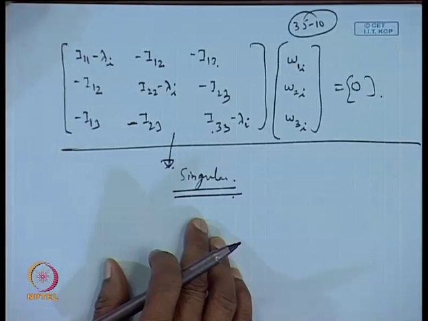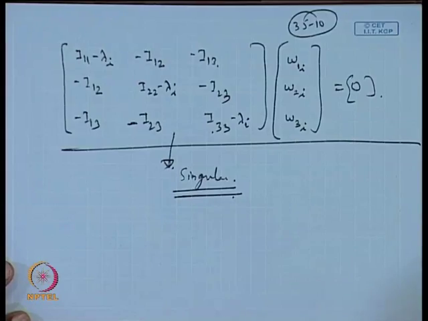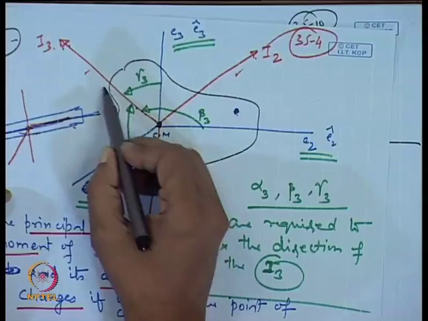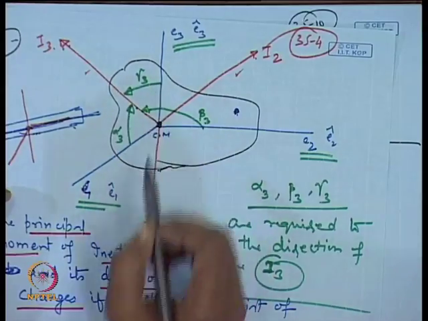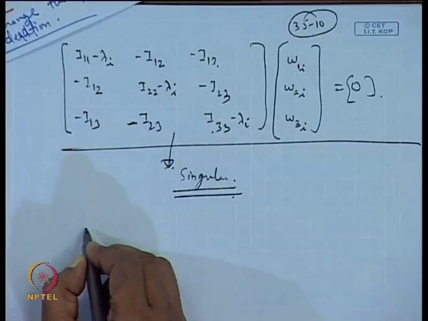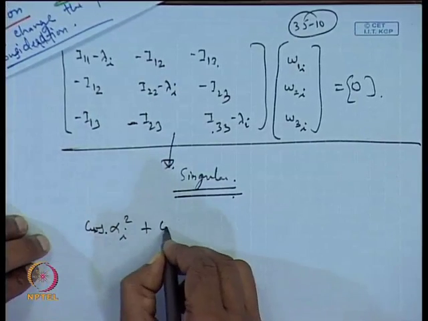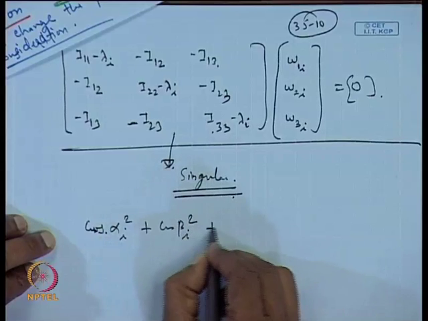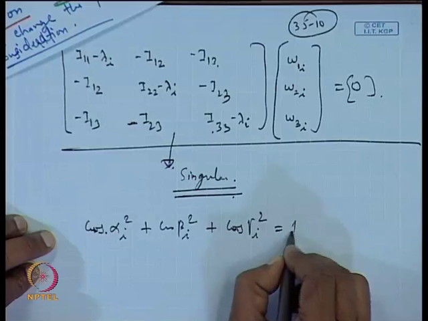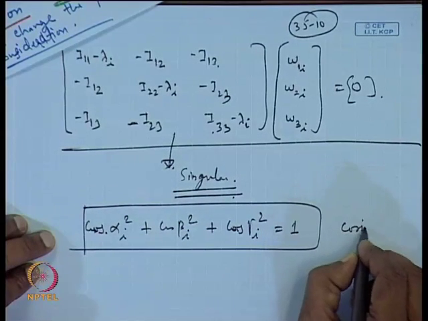In that situation, how will you find the principal moment of inertia direction? As I explained earlier, these are the 3 directions which are available to us, but one favorable thing is available: cos squared alpha I, plus cos squared beta I, plus cos squared gamma I, will be equal to 1. This follows from the cosine property.